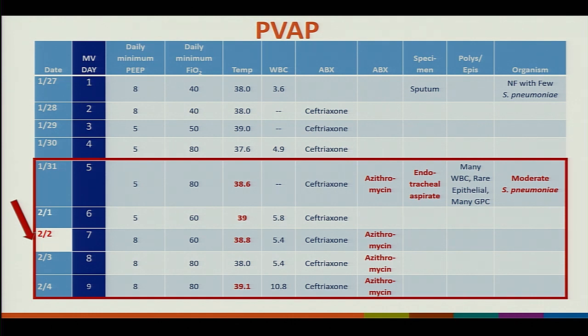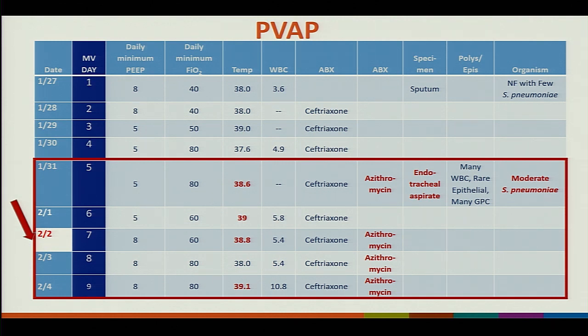And do note that strep pneumoniae was identified on admission, on 1/27 with this patient. But just because an organism is identified outside of the VAE window period, you don't exclude that. So if you have a culture result that is available within the VAE window period, and it's the right quantity, and it's an eligible specimen and eligible organism, you are to use that to see if you can meet PVAP.